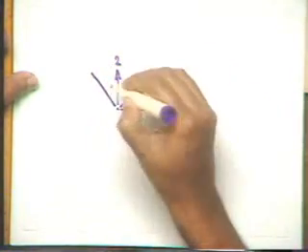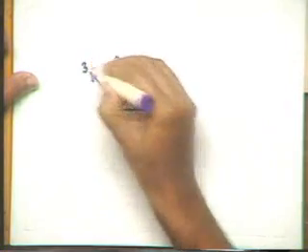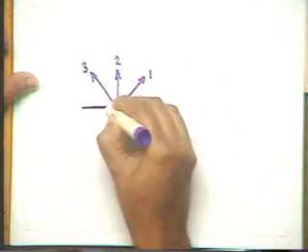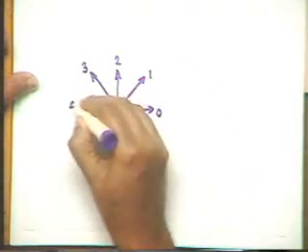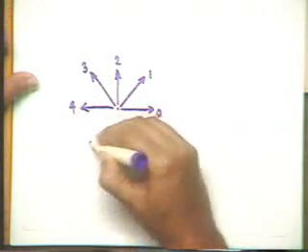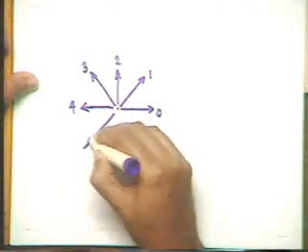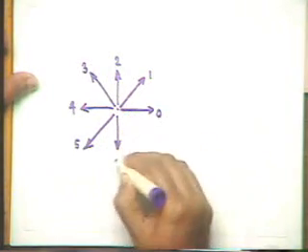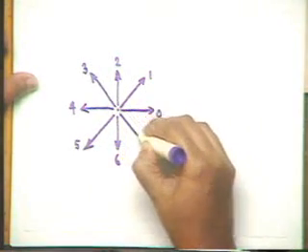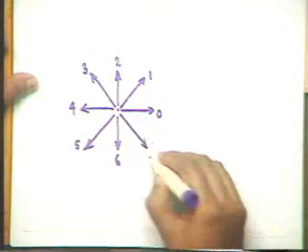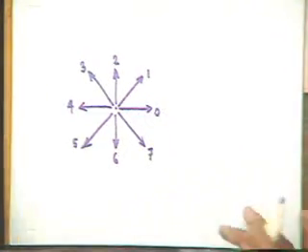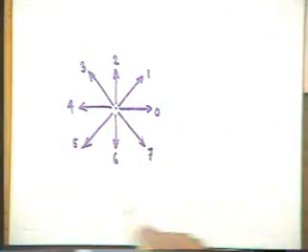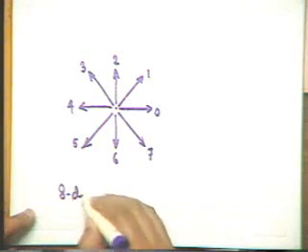This is 135 degree, which we call 3. This is 180 degree, which we call 4. This is 225 degree, which we call 5. 270 is direction number 6, and 315 degree is direction number 7. So this forms the 8 directional chain code.